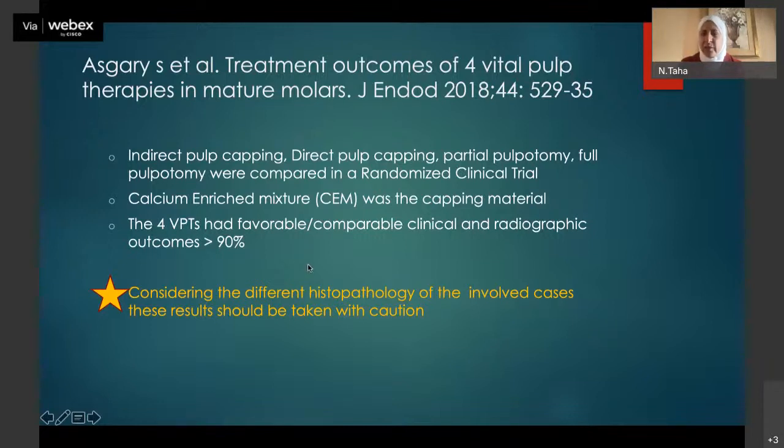How would teeth with different histopathology give you similar success rates? If you have infection progressing in the pulp chamber, how would pulp capping be similar to pulpotomy? So we need further studies that compare the outcome of partial versus full pulpotomy in a randomized clinical manner.